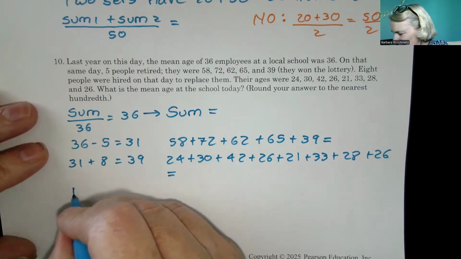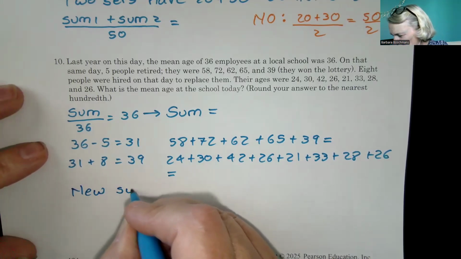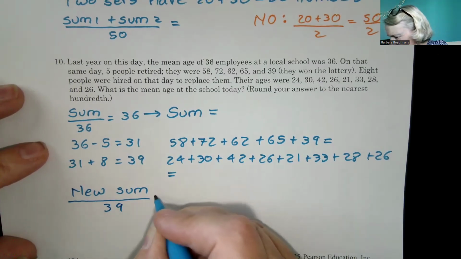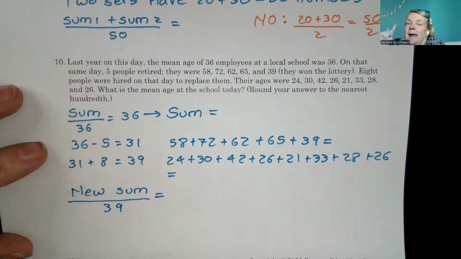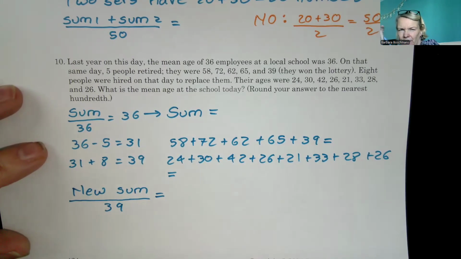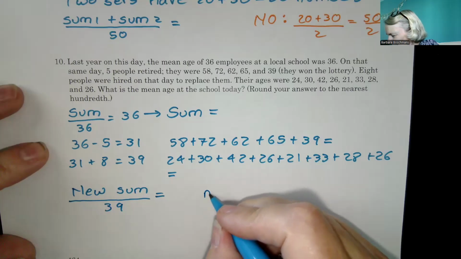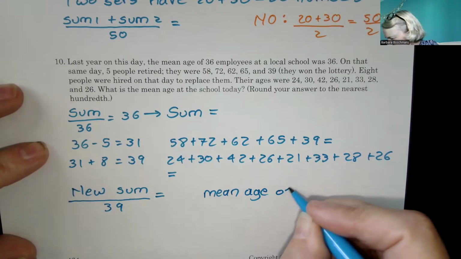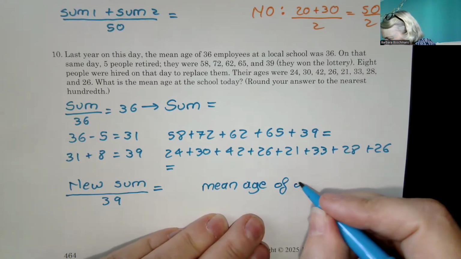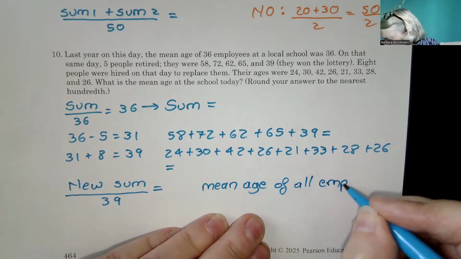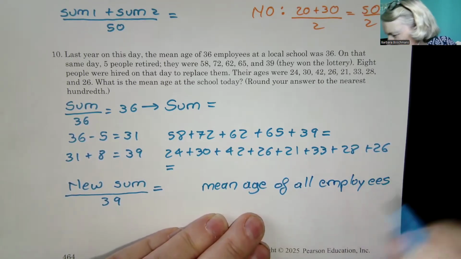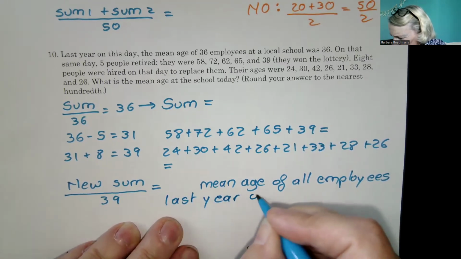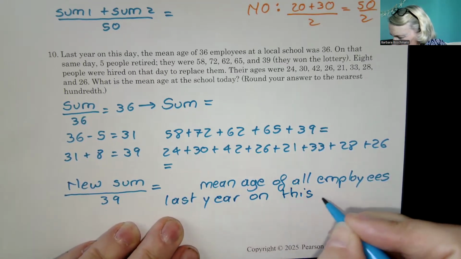So all of that is going to give you what I'm going to call the new sum divided by 39. This all happened last year on the same day. So this is going to be the mean age of all employees last year on this day.